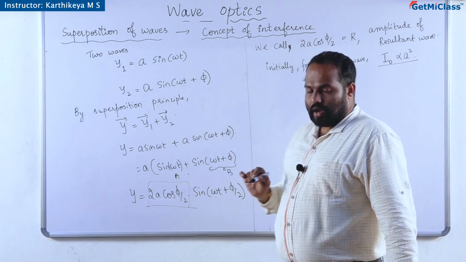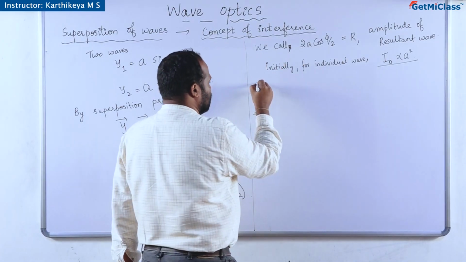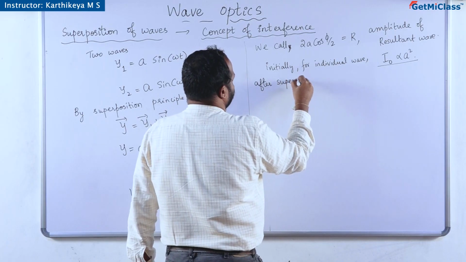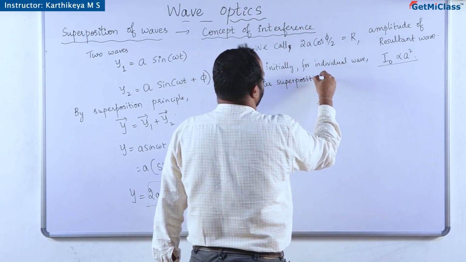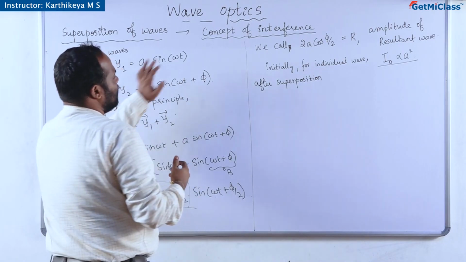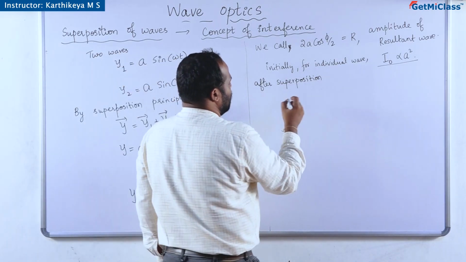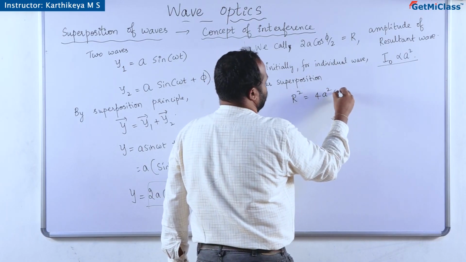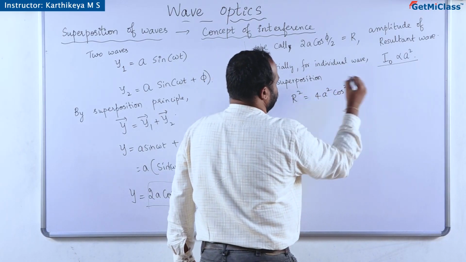Now, after superposition, or when two waves meet up, that is called interference, what happens? R square is equal to 4a square cos square (phi by 2).